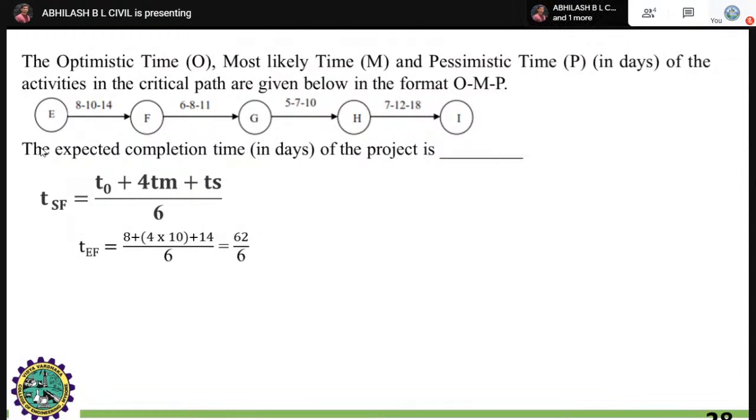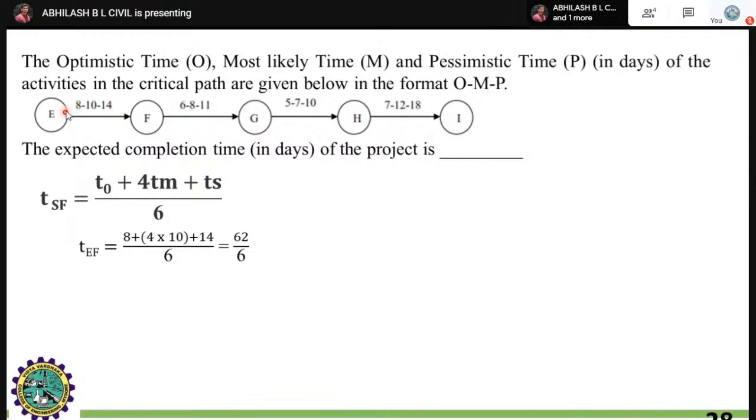Here is the first procedure. You have to identify the activities E and F. To complete the activity from E to F, the optimistic time is 8 days, the pessimistic time is 14 days, and the most likely time is 10 days.